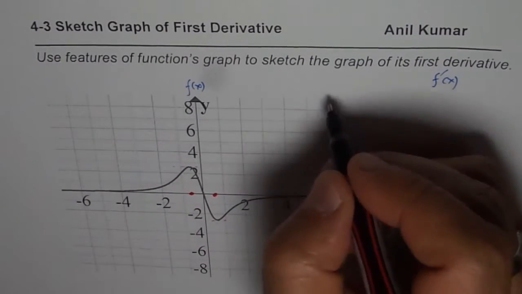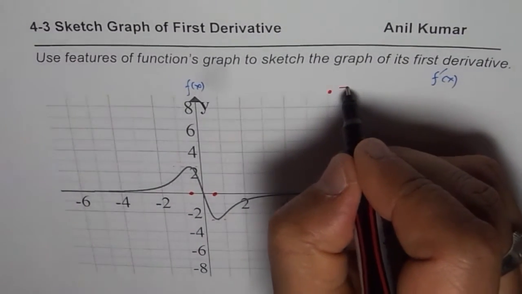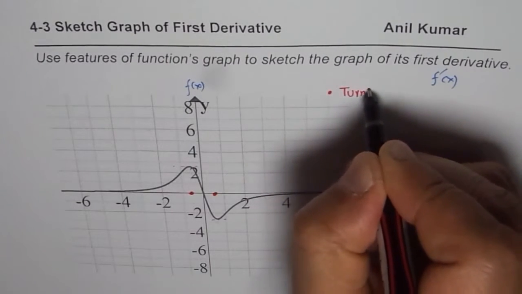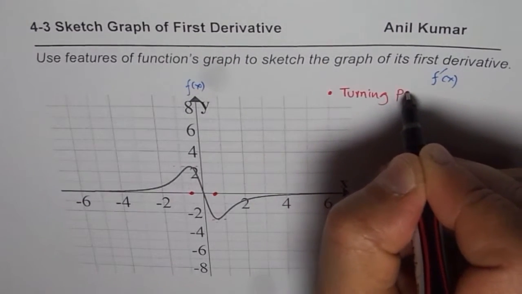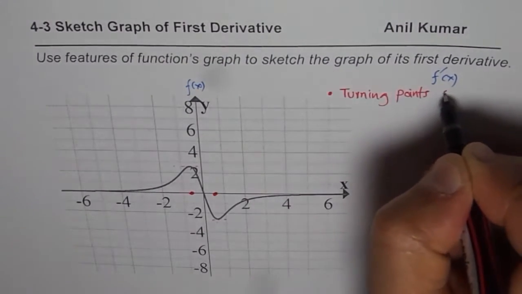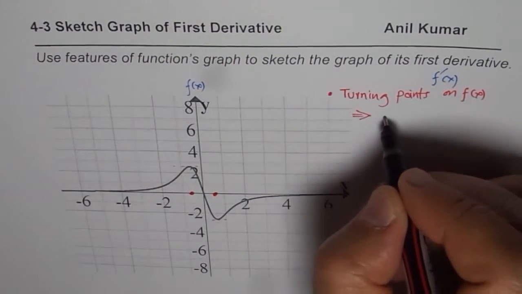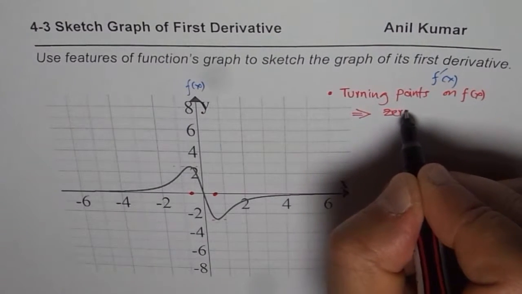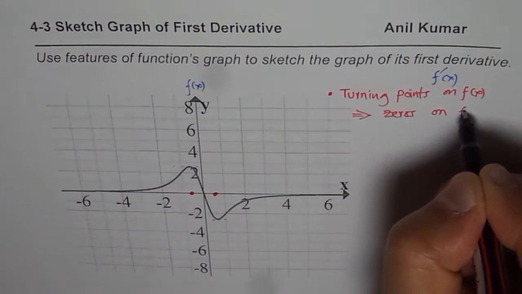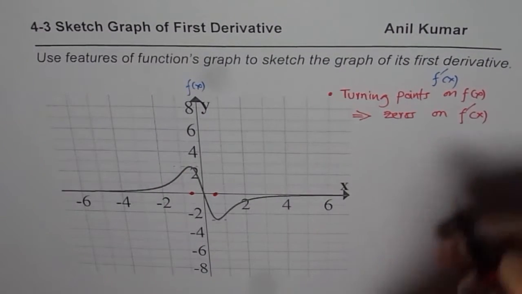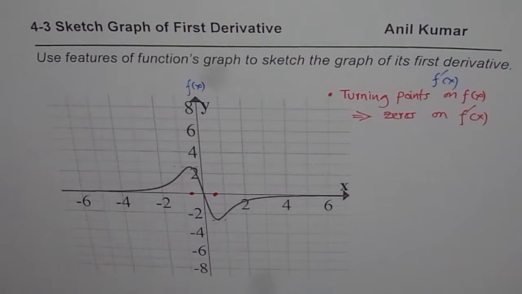Now that is the first thing. So let me write down these 2 points, that is, turning points on f of x result in zeros on f prime x. Okay, so that's one thing which we have learned.